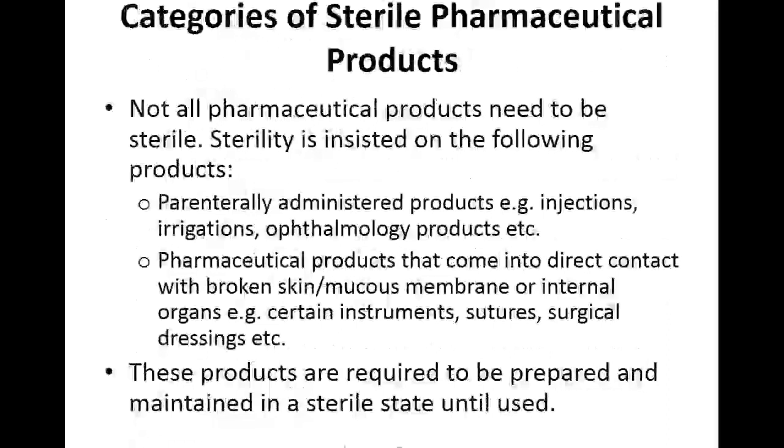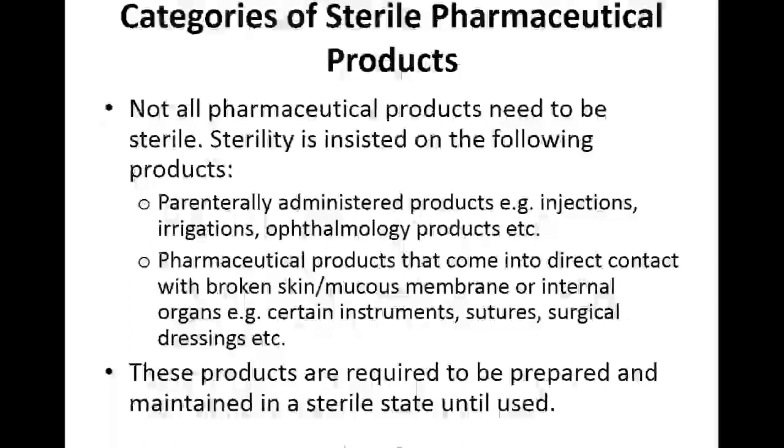Because these are the terminology. There are categories of sterile pharmaceutical products. Ni task zetu, categories of sterile pharmaceutical products. We know that not all pharmaceutical products need to be sterile, and that sterility is insisted on the foreign products. Kule mwanzo tuliona which products that must be sterilized, tuliona ndio hizi category.